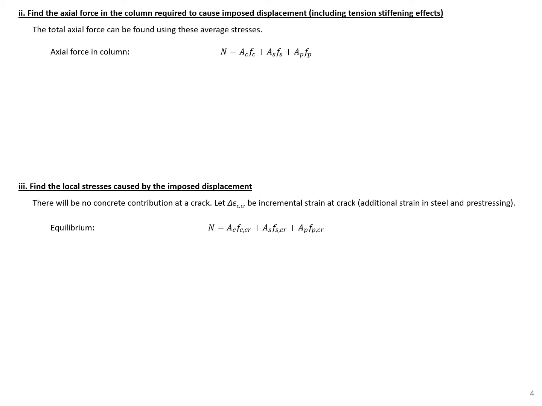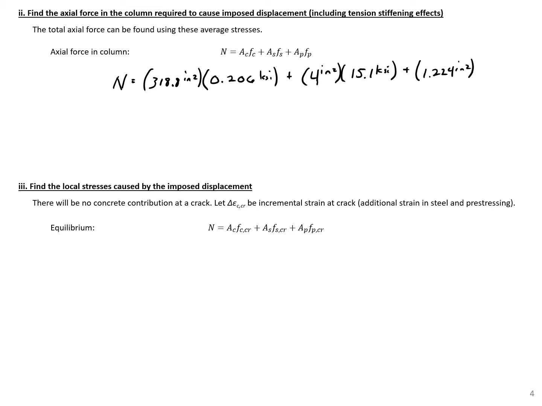N is our unknown, so we'll have N equal to the area of our concrete, 318.8 square inches, times our stress in our concrete, 0.206 KSI, plus the area of our non-pre-stressed reinforcement, 4 square inches, times our stress in the non-pre-stressed reinforcement, 15.1 KSI, and then plus the area of our pre-stressed reinforcement, 1.224 square inches, times our stress, 193.5 KSI.